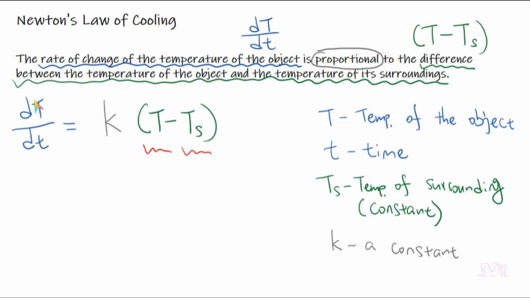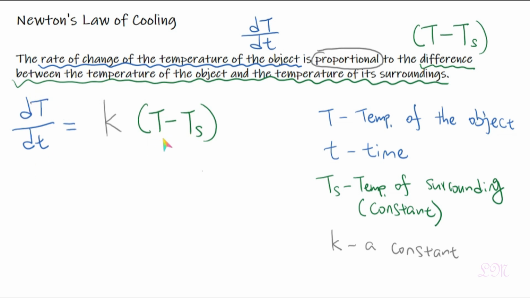So the rate of change of the temperature of the object is very slow. On the contrary, if the difference between the two temperatures is larger, then dT over dt would be equal to the constant k times a bigger number, or a more negative number if this is about heating. Either way, the temperature of the object is going to change at a faster rate.